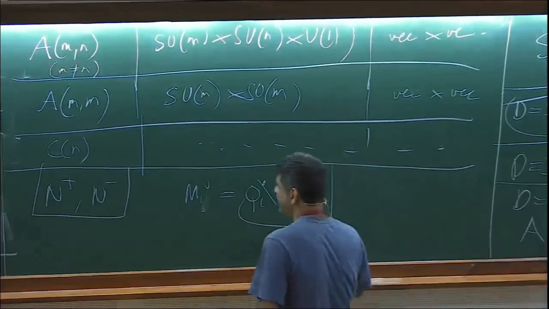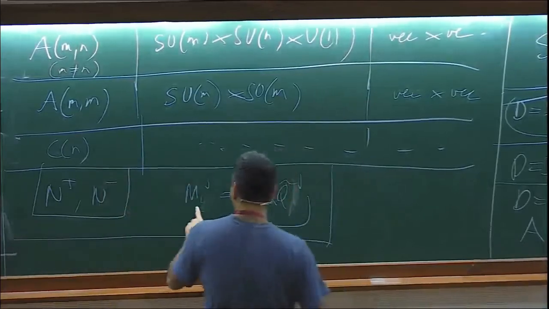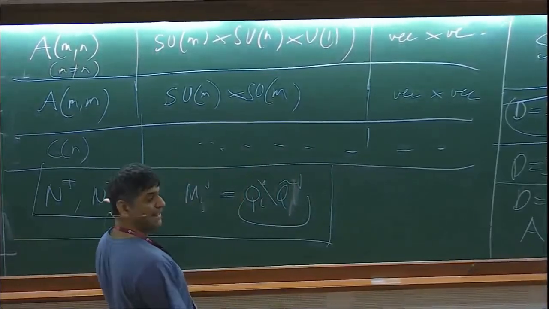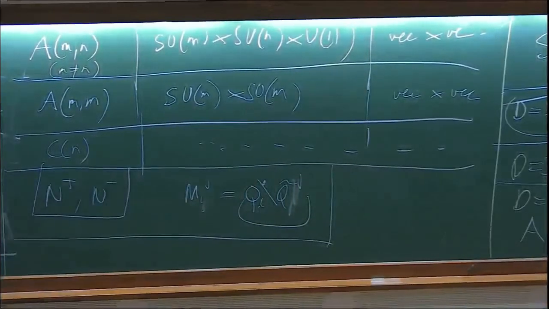Now, this object under the first SU(NF) transforms like SU(NF) from the left. Under the second SU(NF) it transforms like SU(NF) from the right. Remember, these two SU(NF)s are independent. How can you write down any function of a matrix that will be invariant under independent rotations from left and right?